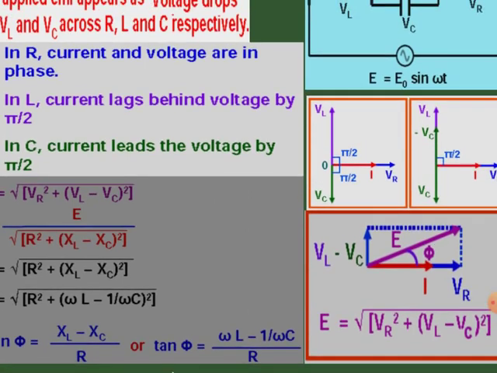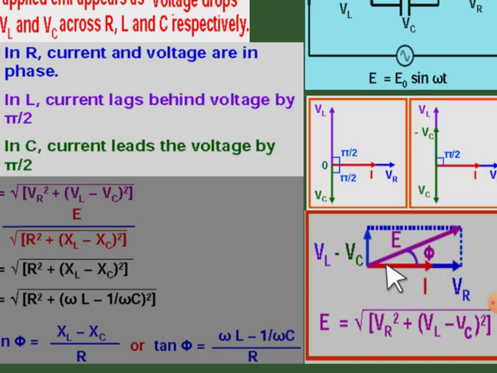So from this phasor diagram of the LCR circuit, if you try to find tangent of phi from this right triangle, the angle formed by the instantaneous EMF with the current, we call phi.